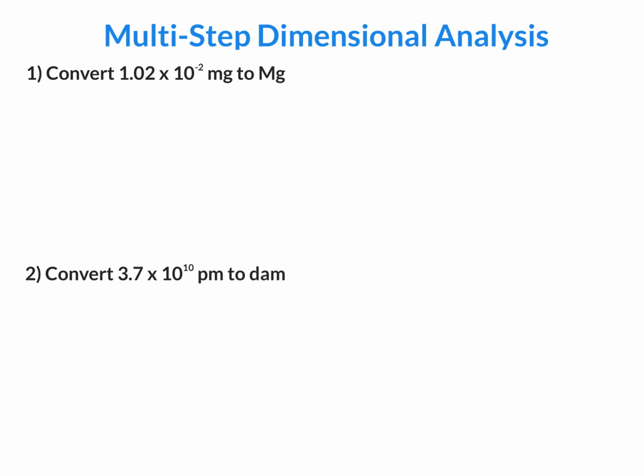Okay, now that we've done single step dimensional analysis, I'm going to teach you how to do multi-step dimensional analysis. Sometimes we're going to be converting between units where there isn't a single conversion factor that you've memorized, and we need to be able to get there in multiple steps. In this class, we're going to be doing multi-step dimensional analysis a lot later on with other types of conversion factors that aren't just things like milligrams or megagrams.